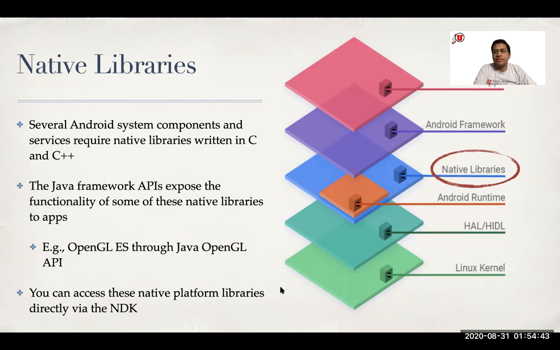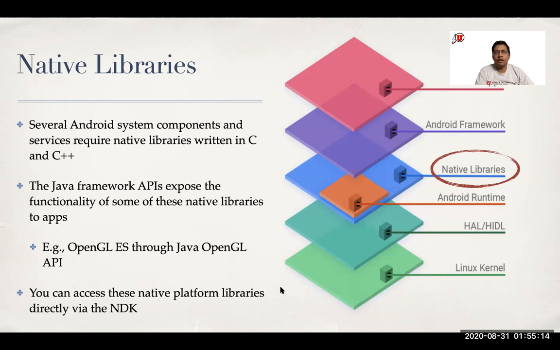So the Java API frameworks expose certain functionalities of some of these native libraries to our apps. For example, OpenGL, which supports drawing and manipulating of 2D and 3D graphics, that is a native C++ library, but you'll have an OpenGL API exposed through the layer above this.